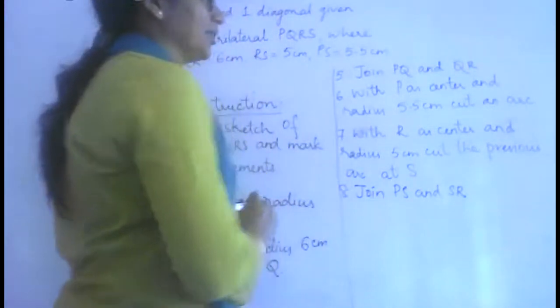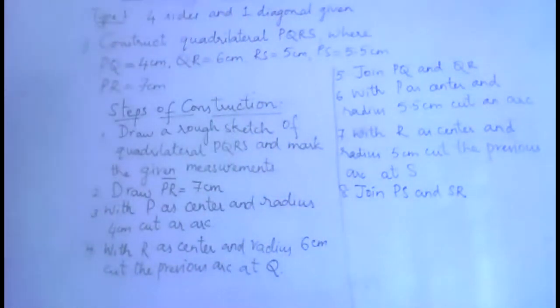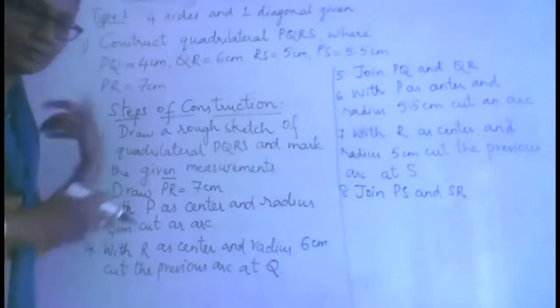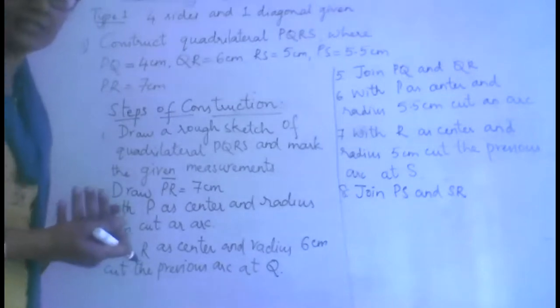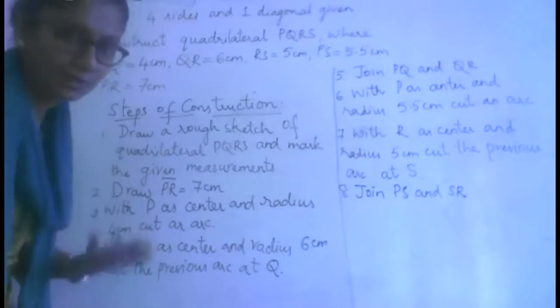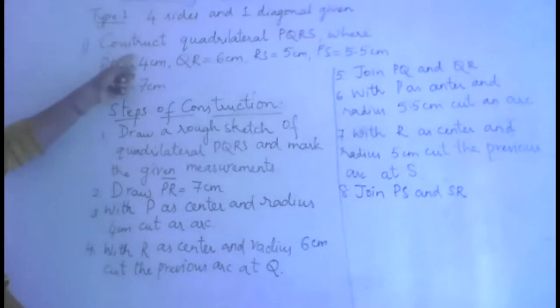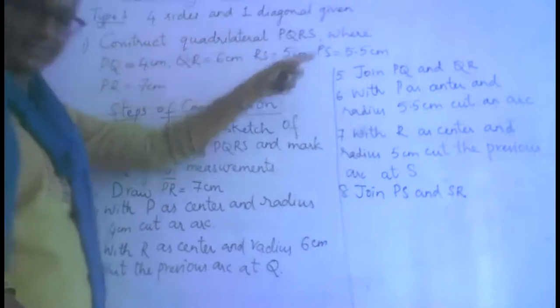Then finally, what did you obtain after both the triangles are ready? What did you get at the end? The quadrilateral PQRS. What did you want to construct? Quadrilateral PQRS.